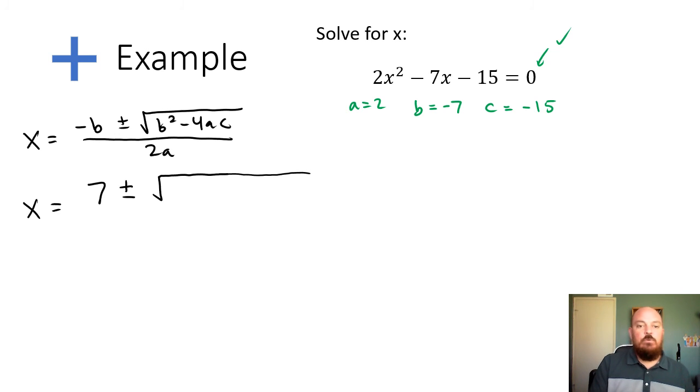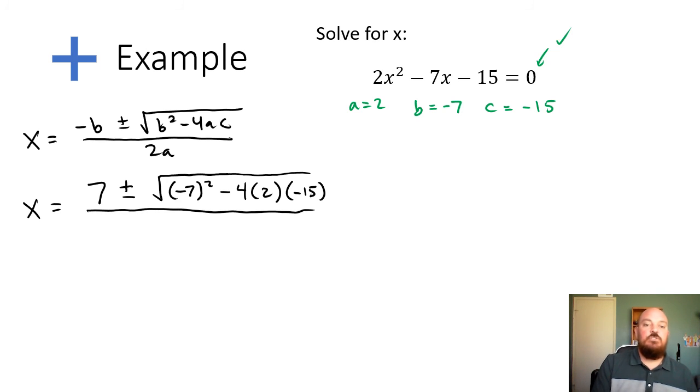Now inside the square root, the first thing is b squared, and b was negative 7, so I'm going to start with negative 7 squared. Then you have minus 4 times a, and a is 2, and also times c, which is negative 15. And then that whole thing is over 2 times a, and a, again, is 2. So that was step 2, is just putting the numbers in.